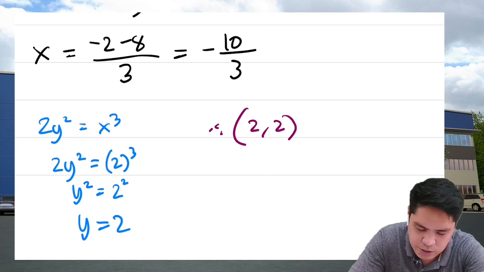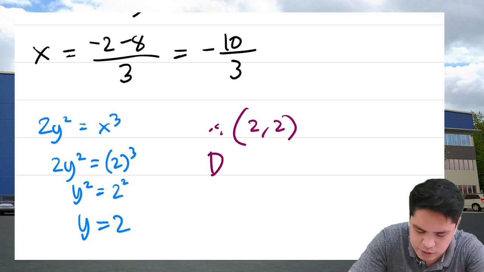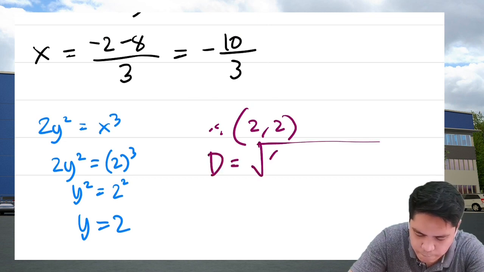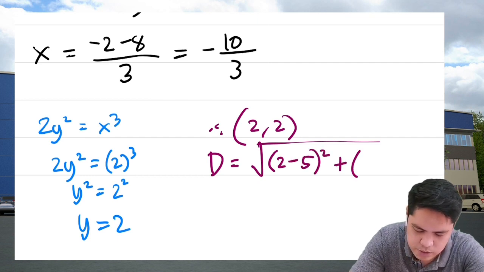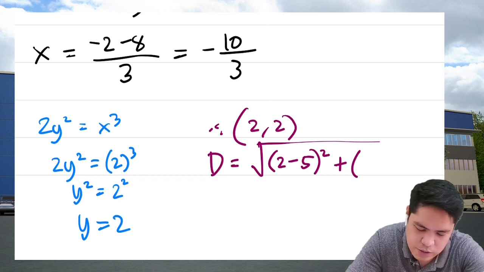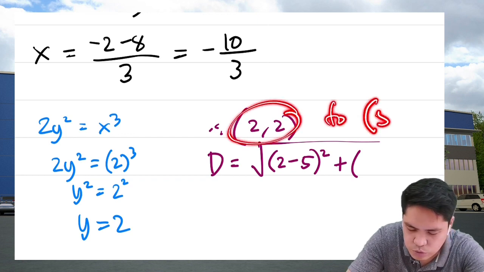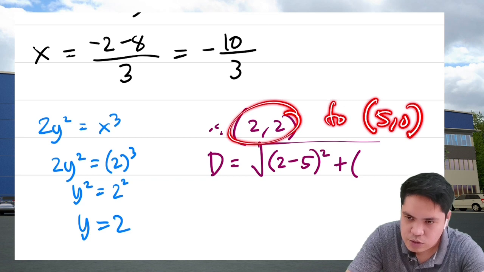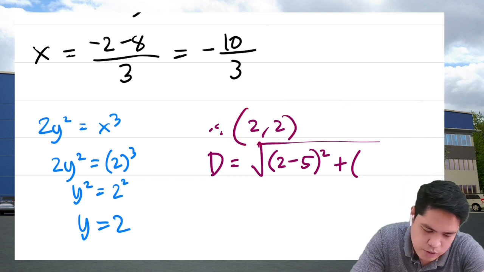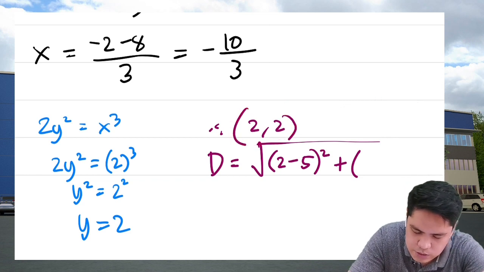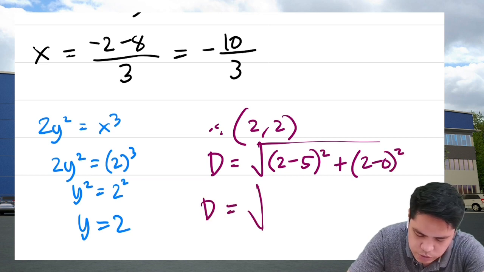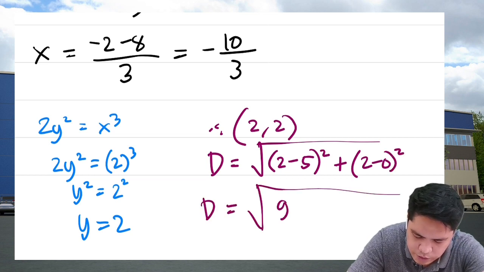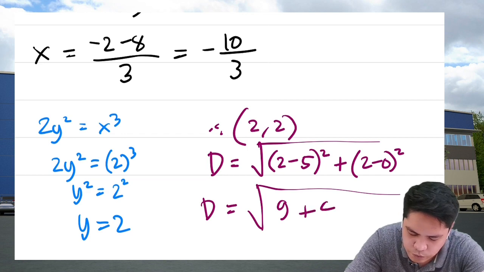So if that's the case, let's solve for the distance. That would be the square root of 2 minus 5 squared plus, we're simply getting the distance from 2, 2 to 5, 0. So distance formula again: 2 minus 5 squared plus 2 minus 0 squared. So d is equal to the square root of 9 plus 4.